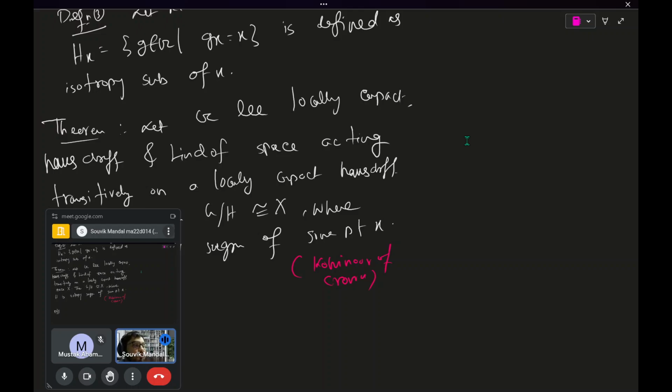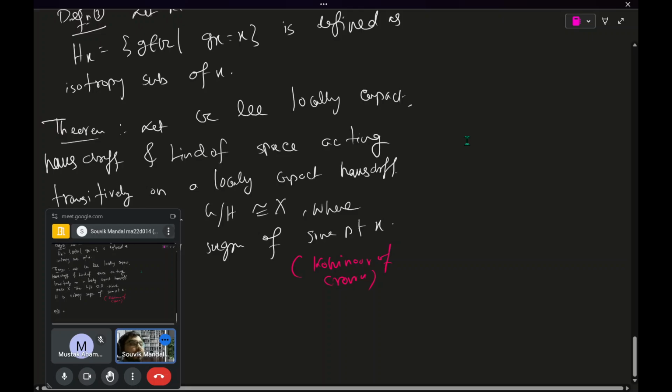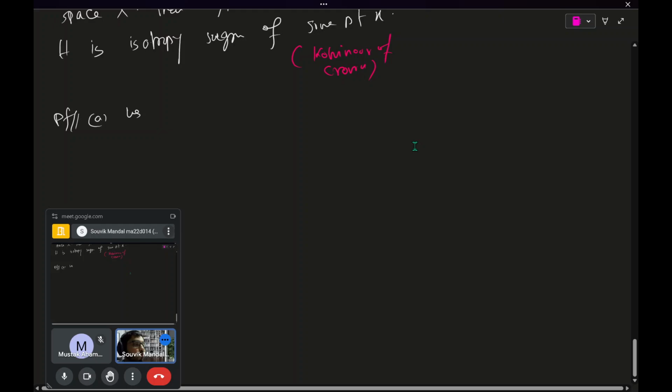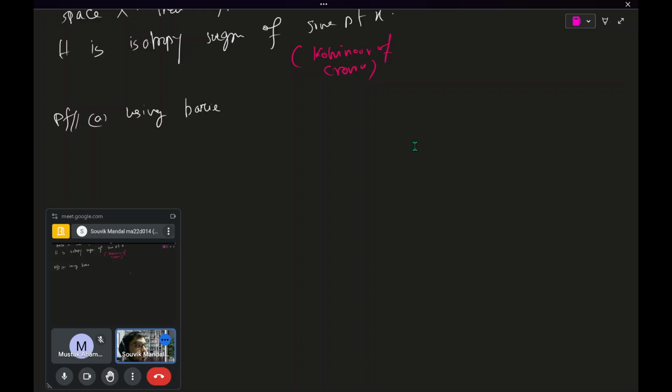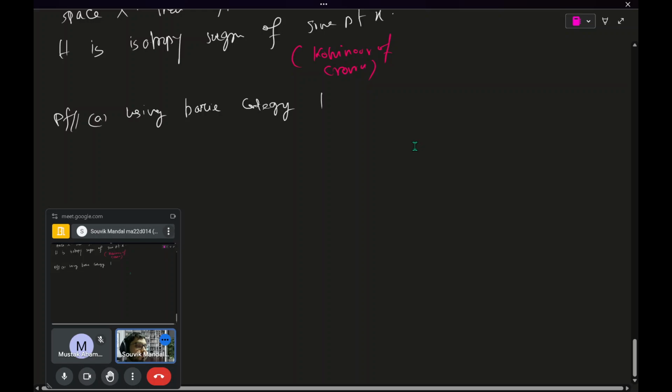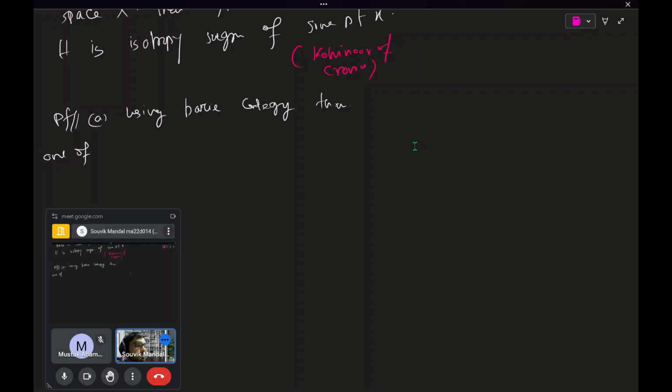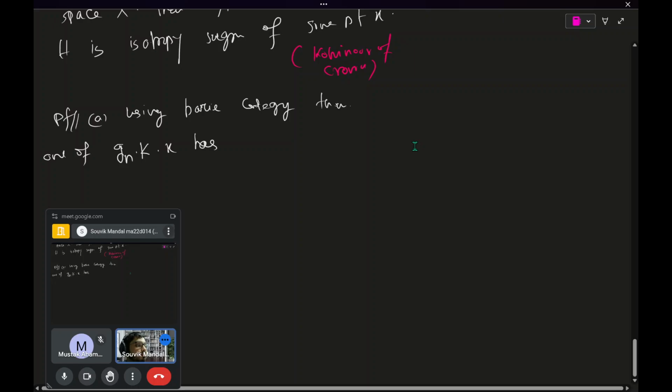This proof goes as follows. First, using the Baire category theorem, one of G and K.X has non-empty interior.